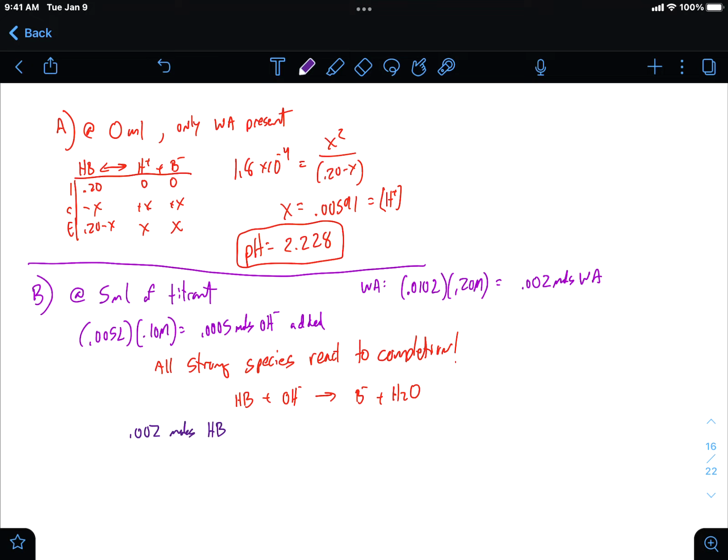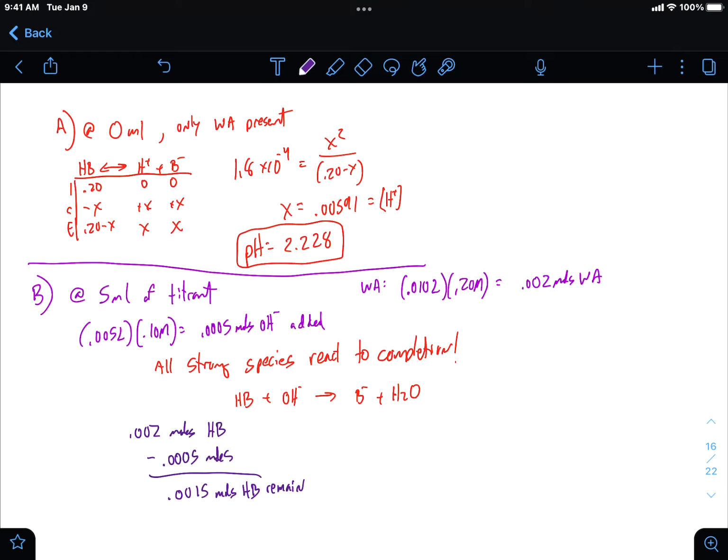It is going to be reduced. We're going to subtract from this 0.0005 moles, because during the neutralization with hydroxide, some of that HB is going to be reduced, and we will now have 0.0015 moles of HB remaining.